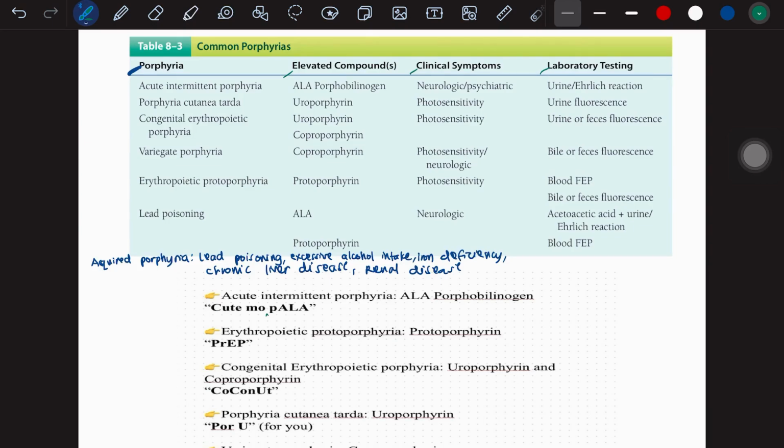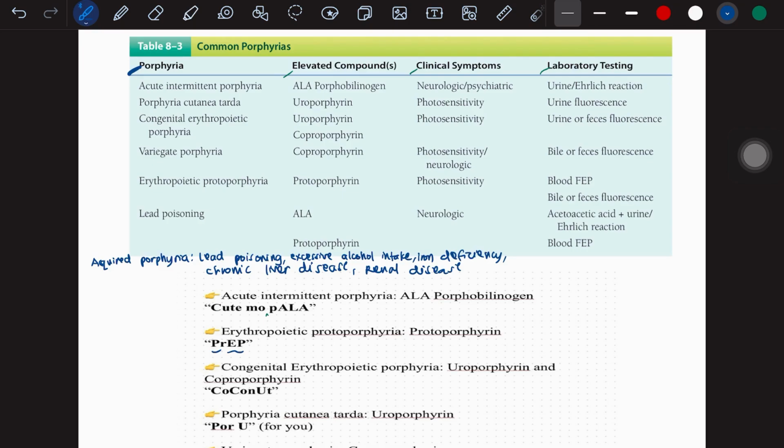Pala is ALA porphobilinogen. Next, for erythropoietic protoporphyria, it is PrEP. PrEP is protoporphyrin and erythropoietic protoporphyria.